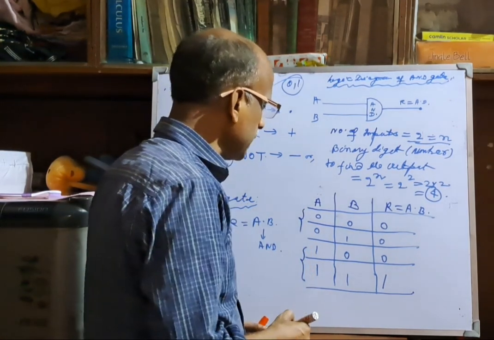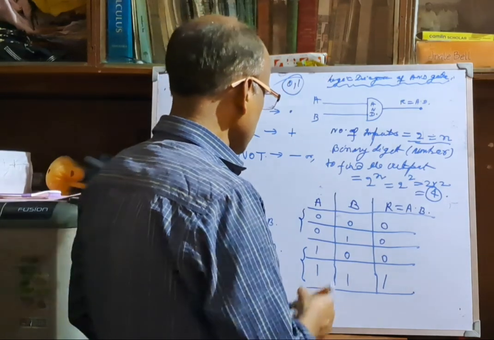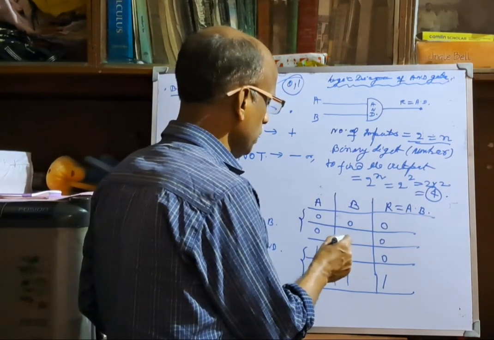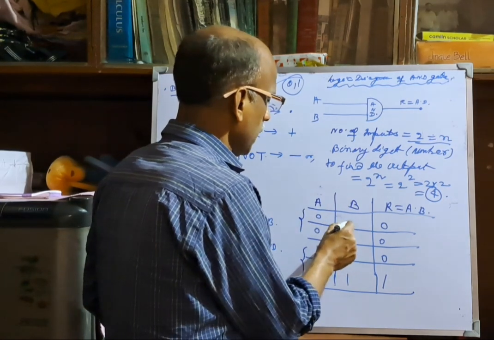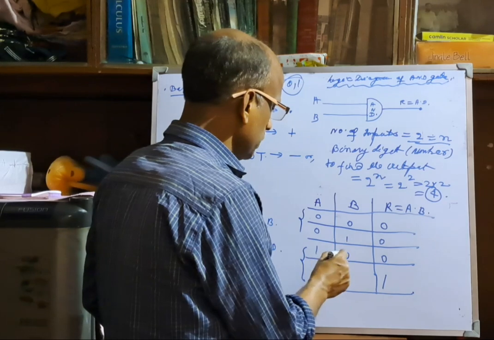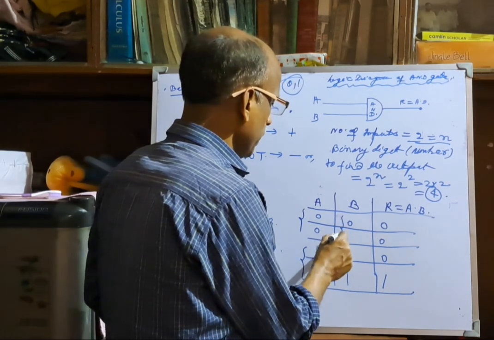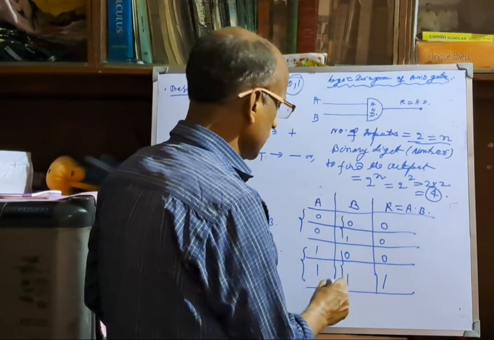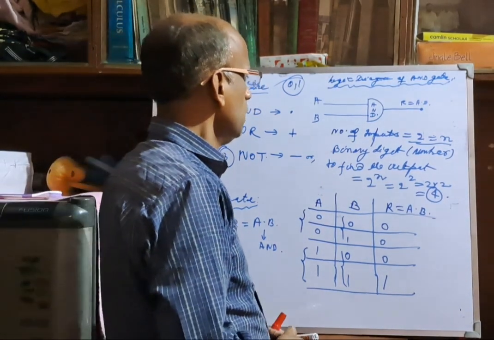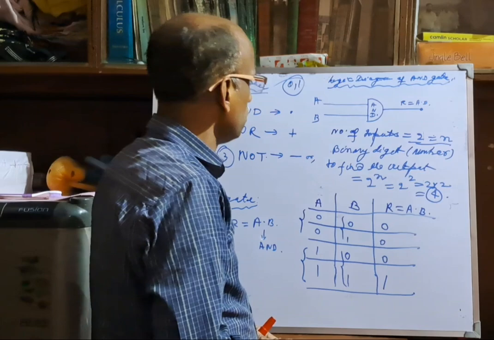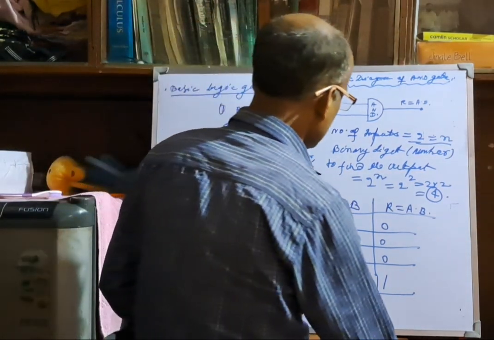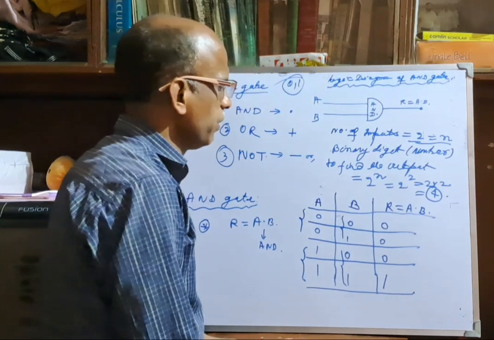And you know, this half is again divided into half the number of zeros and ones. So there are two zeros, and that becomes single zero and single one, and this becomes single zero and single one. In this way you can understand. It is not required to explain again and again when I go on to define other logic gates. You should remember this concept, as it will be very helpful.